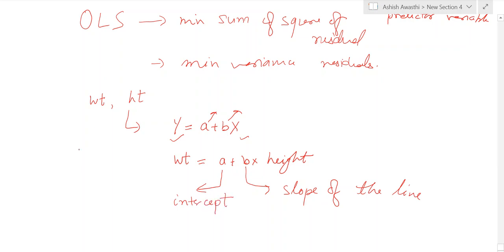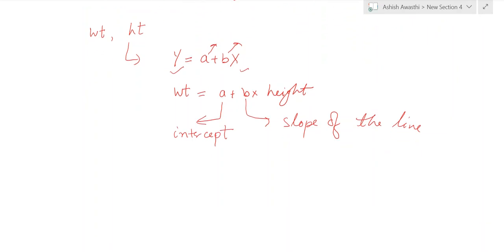As we already discussed, there are assumptions for all tests. In linear regression also there are some assumptions, and those assumptions should be checked and fulfilled before using linear regression. So I will note down the assumptions of linear regression.